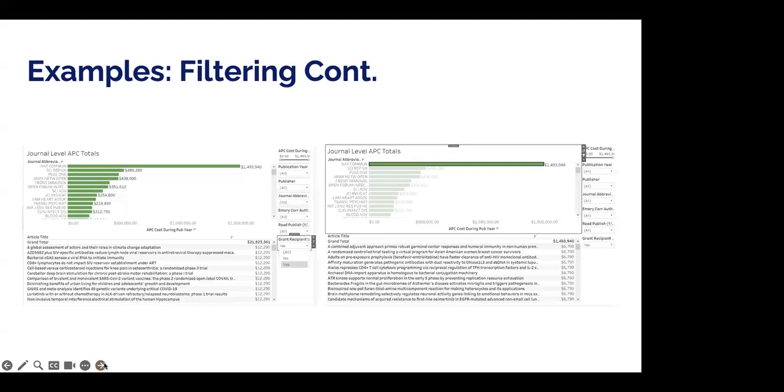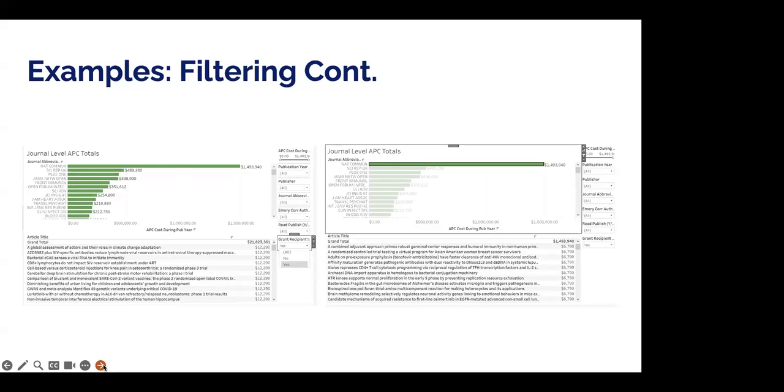So on the right hand side, you can see that in addition to selecting the filters on the right, you just look at the data by a certain year or select collection of years. If you wanted to investigate further, well, what articles comprise this $1.5 million spend with Nature?